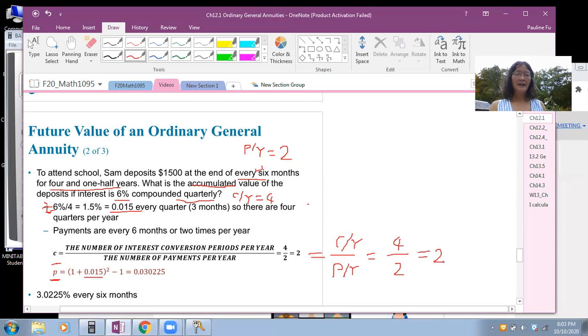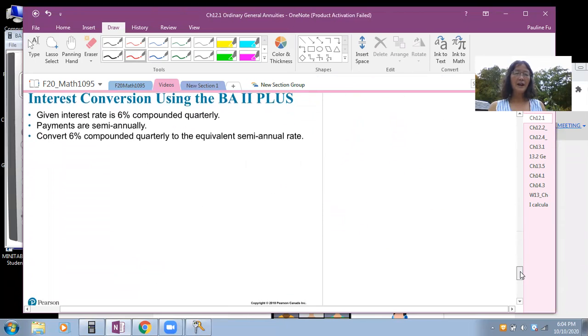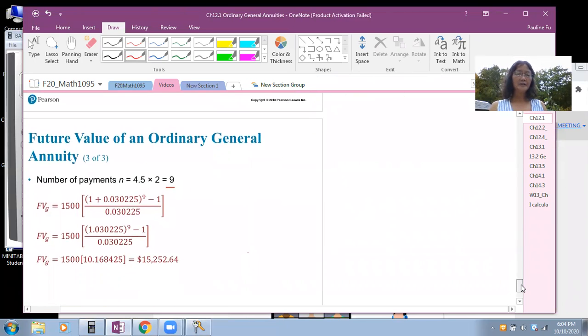Now we know C and I, so we plug them into the formula for P, the equivalent rate per payment period, and we get this letter P. Once we have P, we can plug into the formula for the future value of an ordinary general annuity.